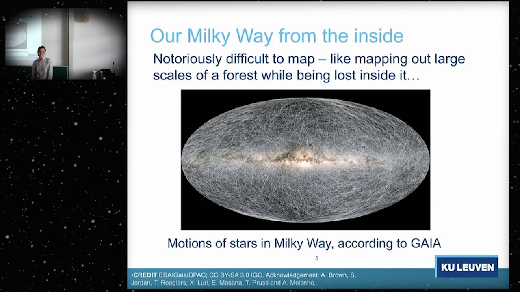And here I took the analogy of a forest: seeing the large scales of a forest while being lost inside it. That's not so trivial, right? I like the analogy that I'm standing here inside this room, inside this building, which means that some details are trivial for me to deduce.